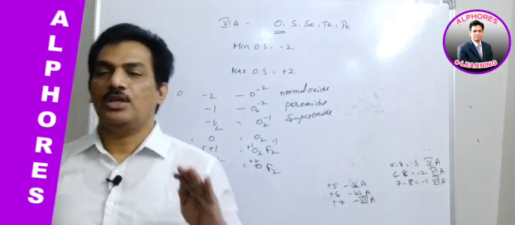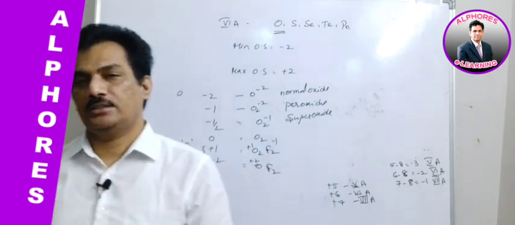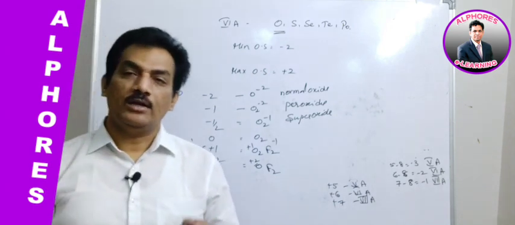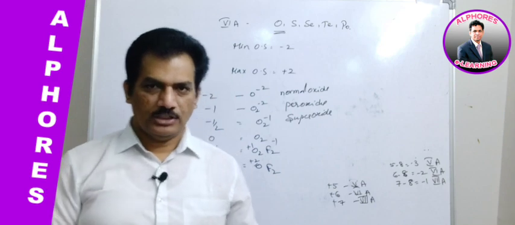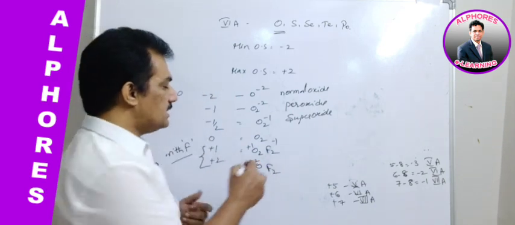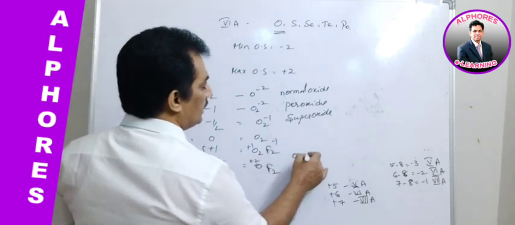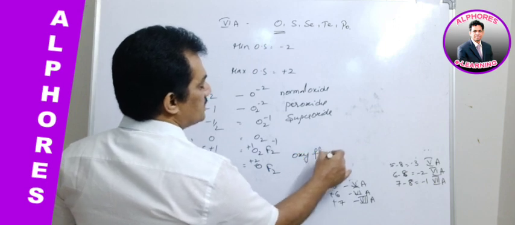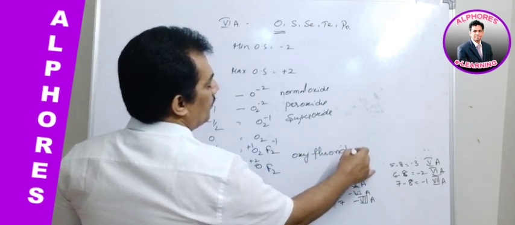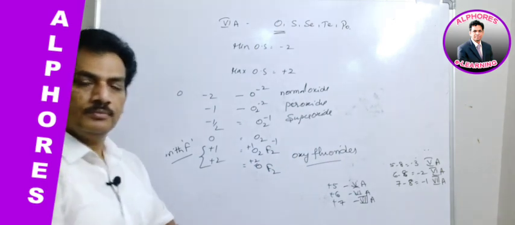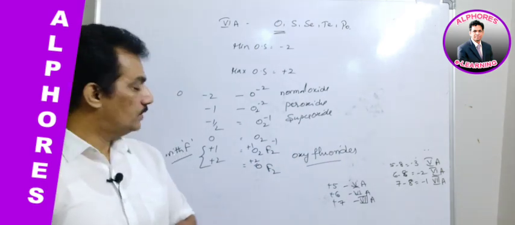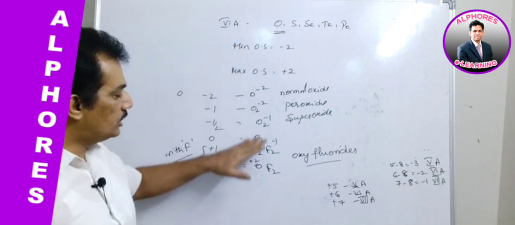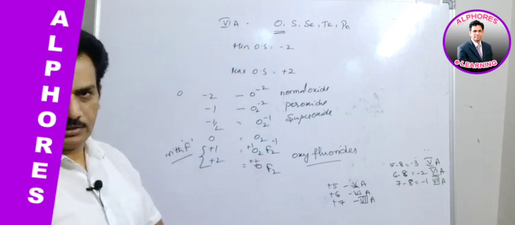Remember, they are oxyfluorides, because the negative charge is present on fluorine, not on oxygen. Clear? That is about the oxidation states of oxygen.